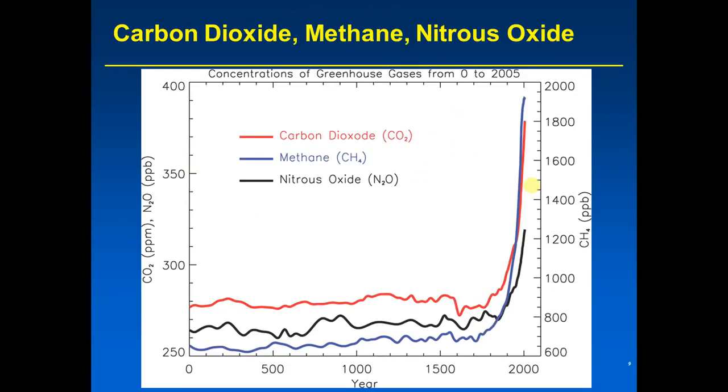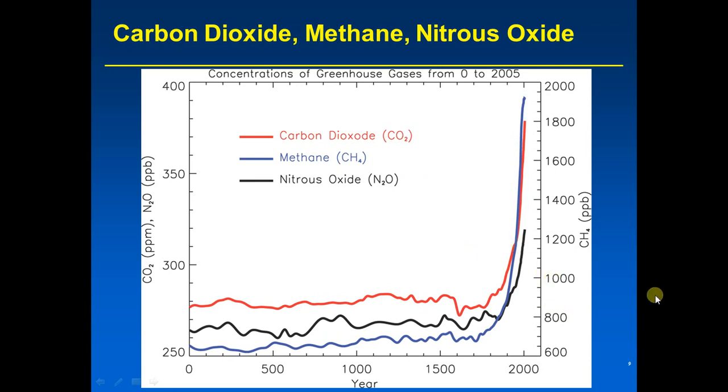So here's a figure showing concentrations of the three most abundant anthropogenic greenhouse gases: carbon dioxide, CO2, methane, CH4, and nitrous oxide, N2O, from year 0 to 2005.